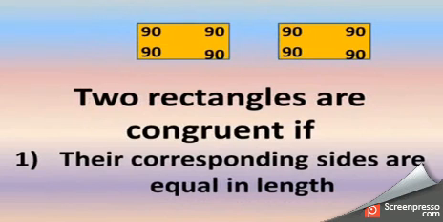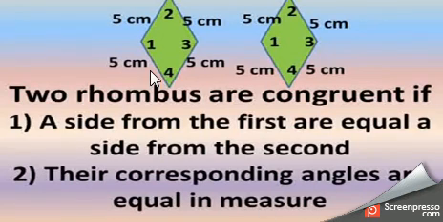Okay, attention with me. The second shape is the rhombus. If we have two rhombuses, when can I say these two rhombuses are congruent? We have two conditions for a rhombus. The first condition: a side from the first equals a side from the second. One side of a rhombus equals one side of the other rhombus.